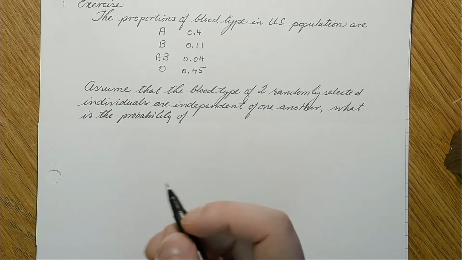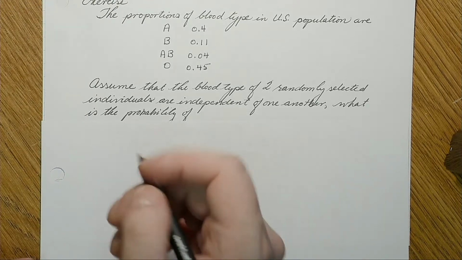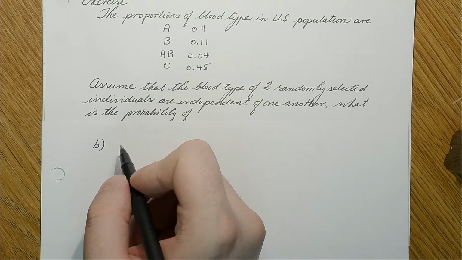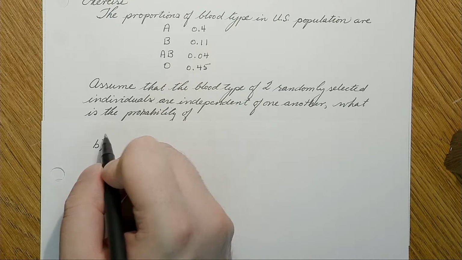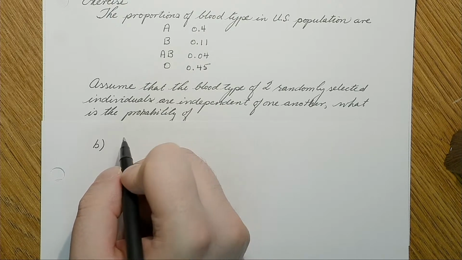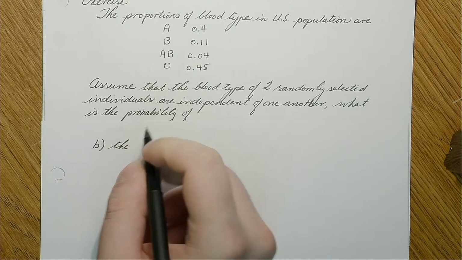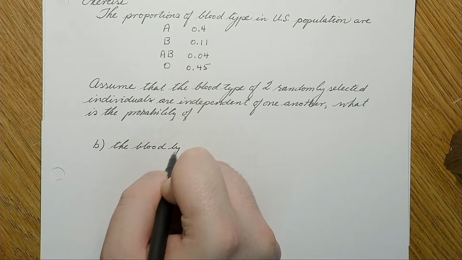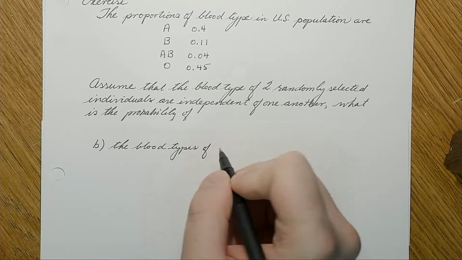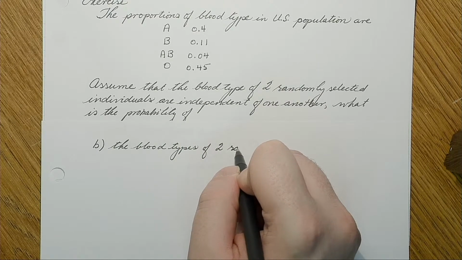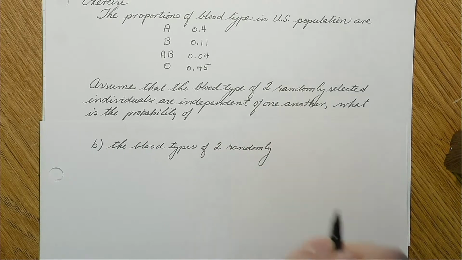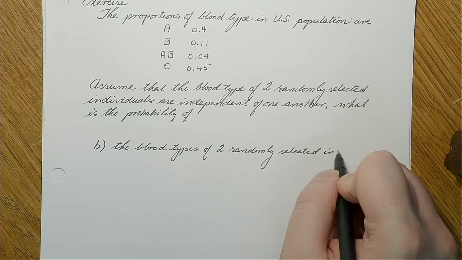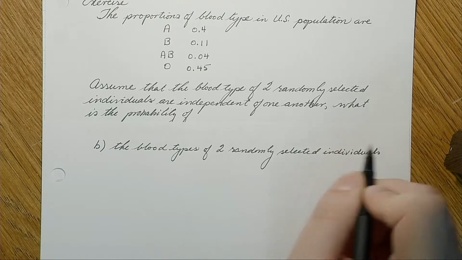For part B, what is the probability of the blood types of 2 randomly selected people, so 2 individuals, and they match.